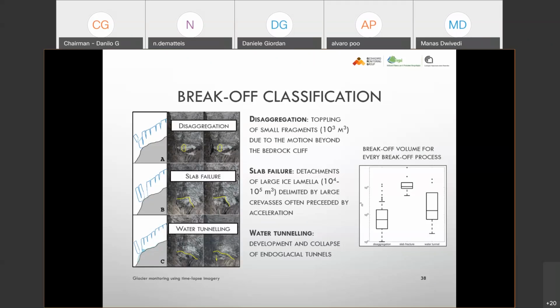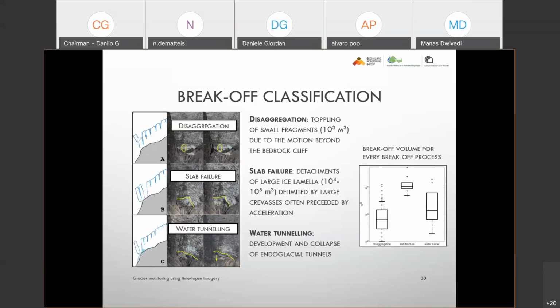It is the most frequent, and it is just the disintegration of the frontal part because the glacier moves beyond this bedrock discontinuity, and therefore it disintegrates because there is no surface anymore to lie against. But this kind of collapse usually has small volumes.